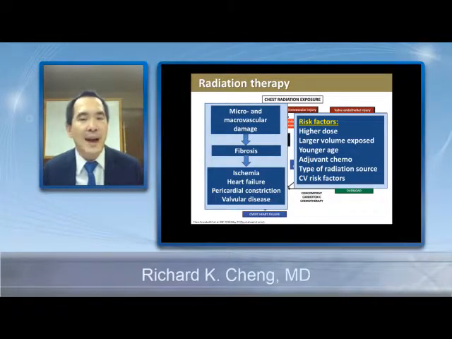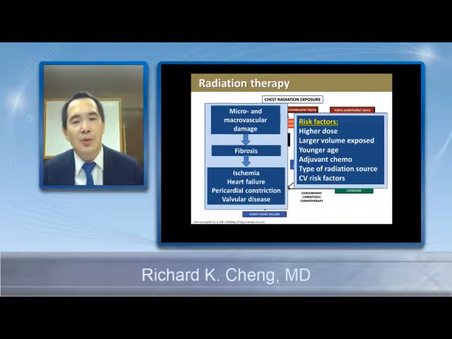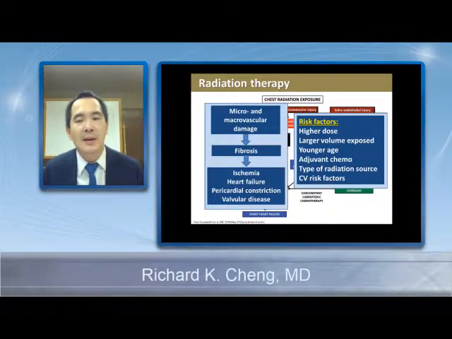There are certain risk factors that put patients at increased risk. This includes a higher dose or a larger volume of exposure to radiation therapy, which is self-explanatory. Patients who are younger tend to be at higher risk because their cells are more sensitive to the effects of radiation therapy. Patients who receive adjuvant chemotherapy, for example, with anthracyclines, trastuzumab, or tyrosine kinase inhibitors, are going to be at higher risk of cardiotoxicity after exposure to radiation.